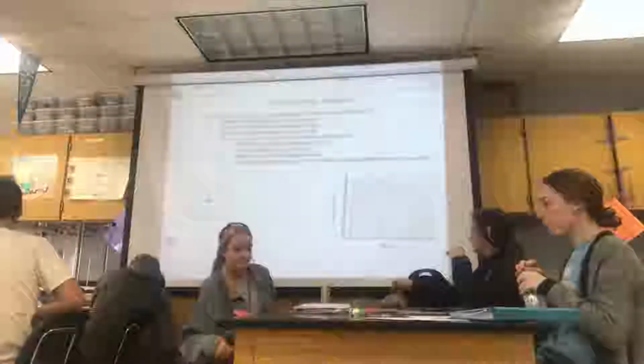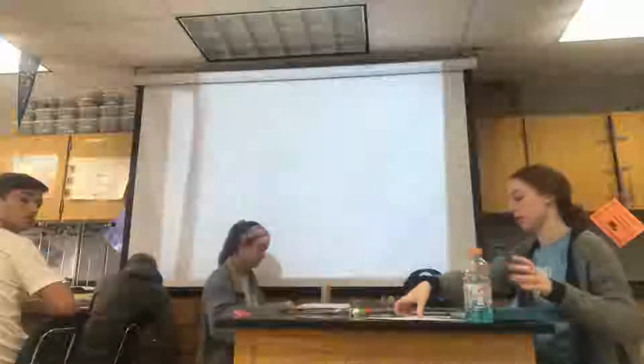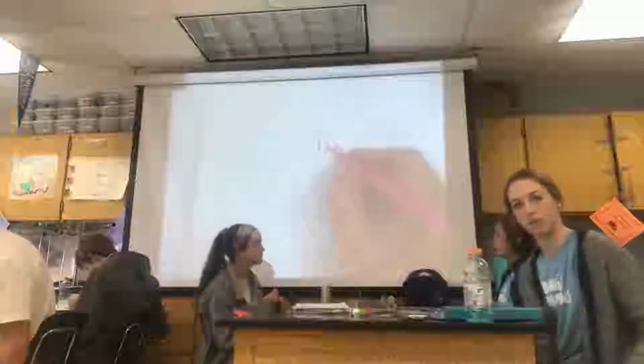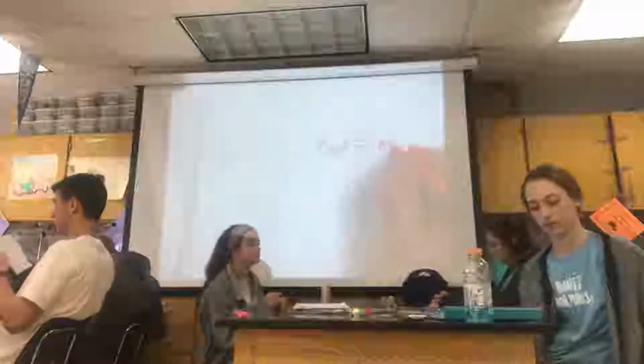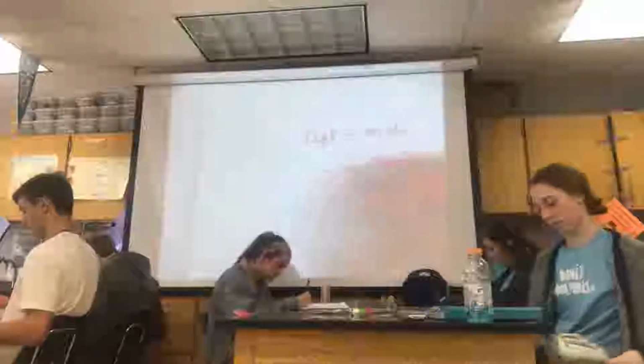I want to go back for a second and make sure, since you didn't get the F equals MA derivation but just watched it online, are you okay with that moving forward? So it's F net equals MA, or you can also say sum of F equals MA.